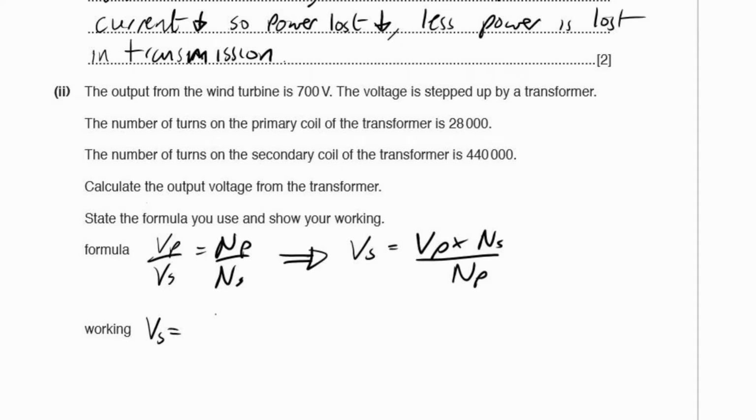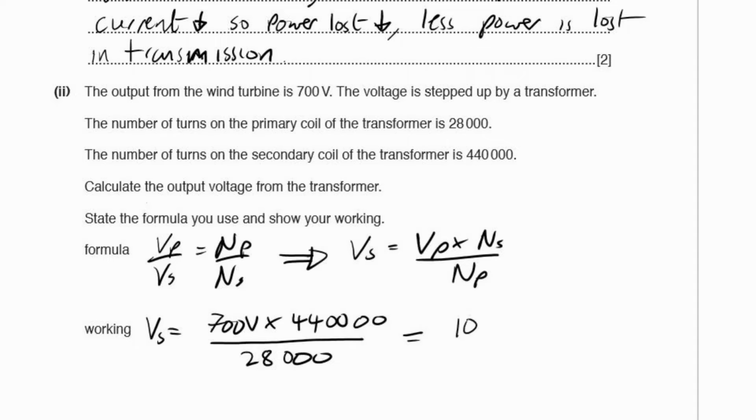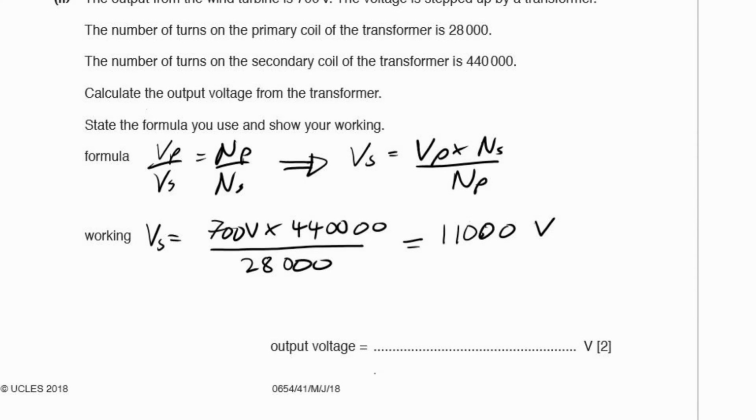Voltage in the secondary coil, 700 volts times 440,000 turns divided by 28,000 turns, which is the number in the primary. There we go. And that gives us a value of 11,000 volts. There we are.